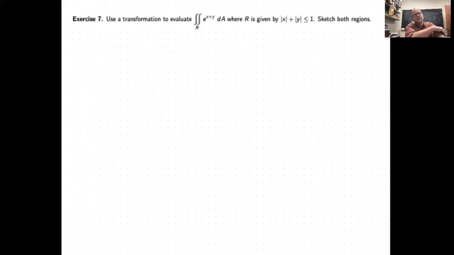And this one asks us to use a transformation to evaluate the integral of e to the x plus y dA, and the region R is given by the absolute value of x plus the absolute value of y is less than or equal to 1. So let me sketch this region, and we'll see why we end up using the same transformation over again.